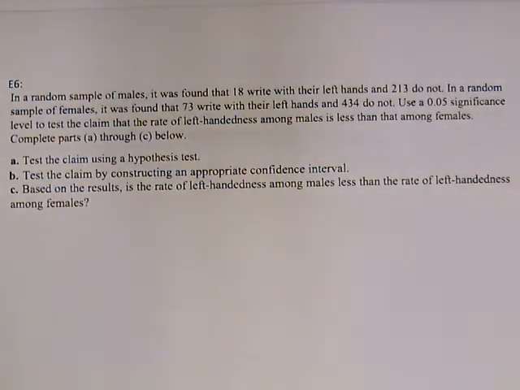In a random sample of males, it was found that 18 write with their left hands and 213 do not. In a random sample of females, it was found that 73 write with their left hands and 434 do not. Use a 0.05 significance level to test the claim that the rate of left-handedness among males is less than that among females.